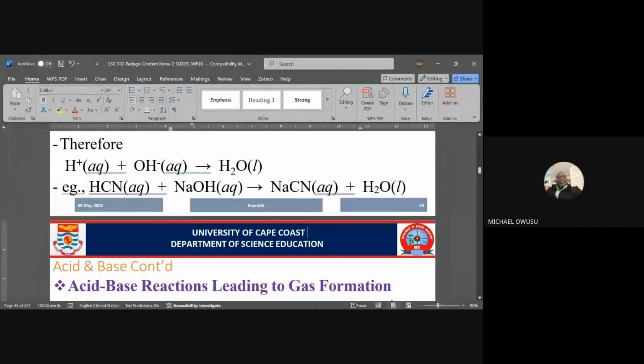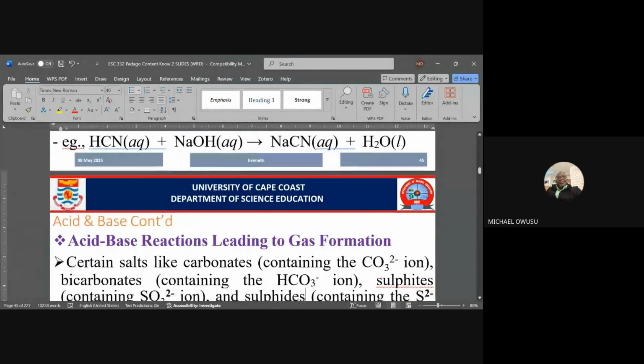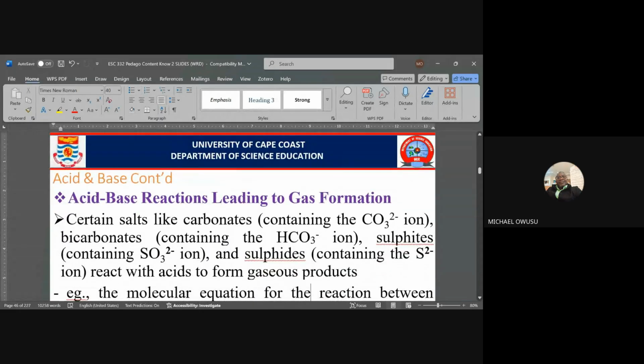The acid-base reaction leading to gas formation. Certain salts, like carbonate, that is CO3 2-, and the bicarbonate, and the sulfide containing the S2-, react with acid to form gaseous products.